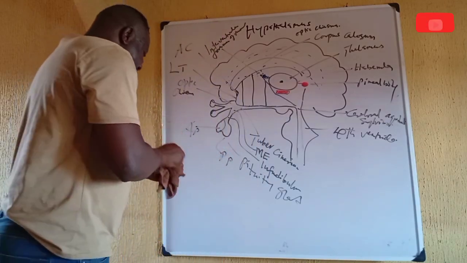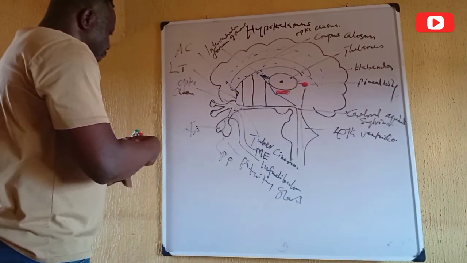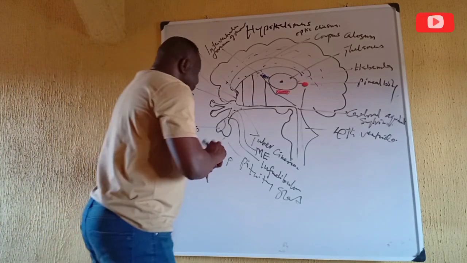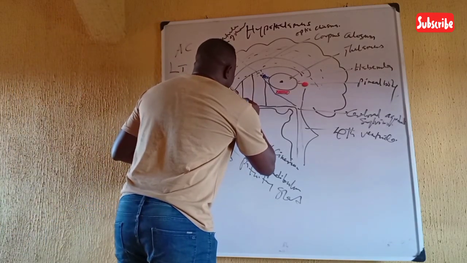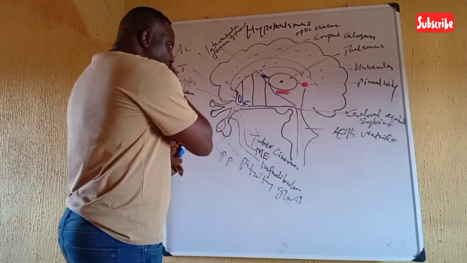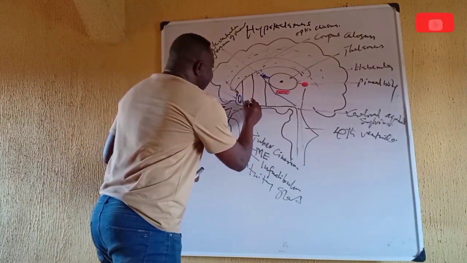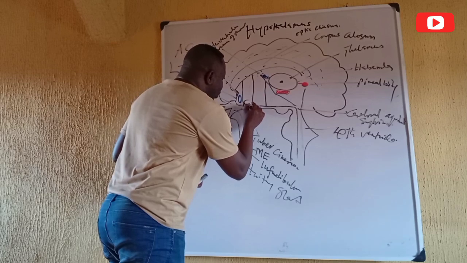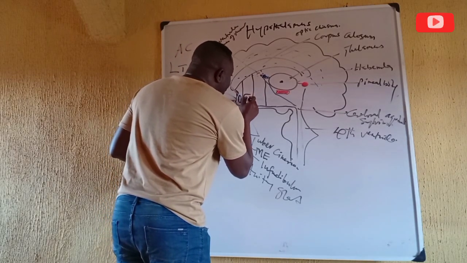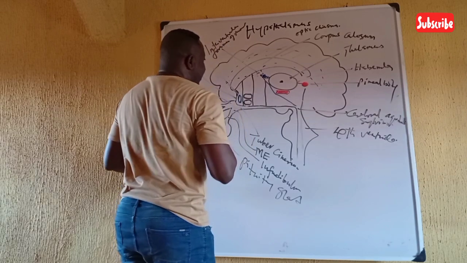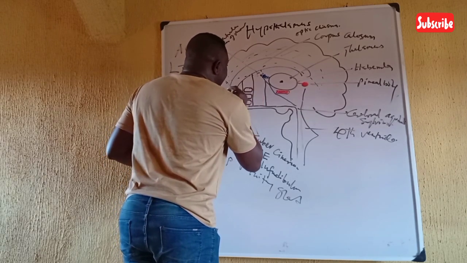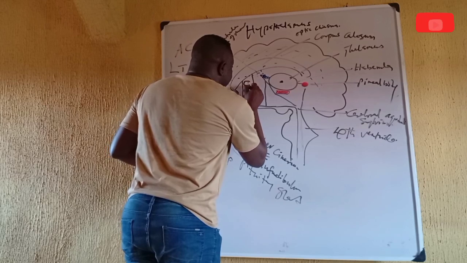Like I mentioned earlier in our previous video, the preoptic group contains the preoptic nucleus. Then I also mentioned that the supraoptic group contains the suprachiasmatic nucleus, the supraoptic nucleus, the paraventricular nucleus, and the anterior nucleus.